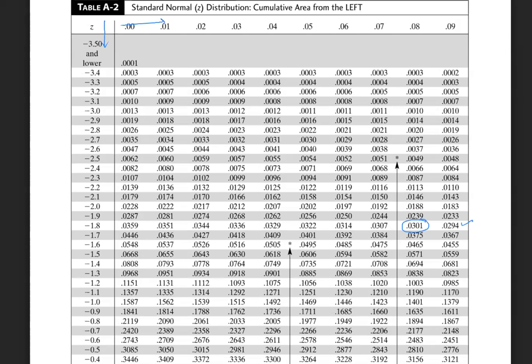If I look at this value and go along the row, I am at negative 1.8, and if I look at the column, it is at 0.08. So it's going to be negative 1.88. So the z value associated with an area of 0.03 is negative 1.88. So let's go back now.